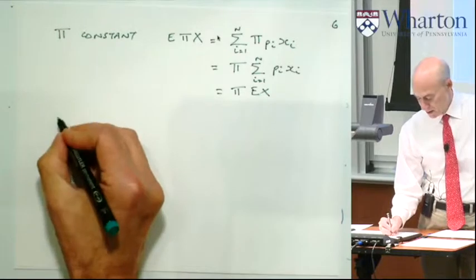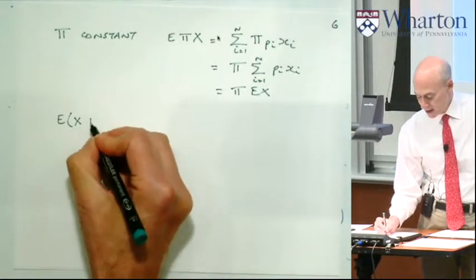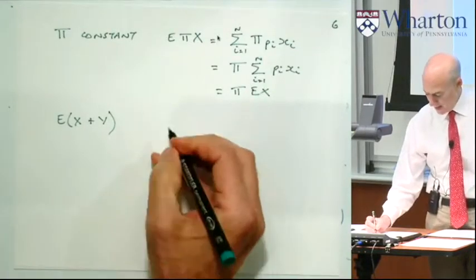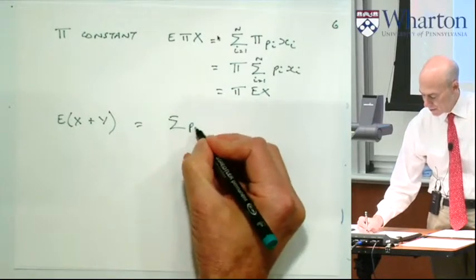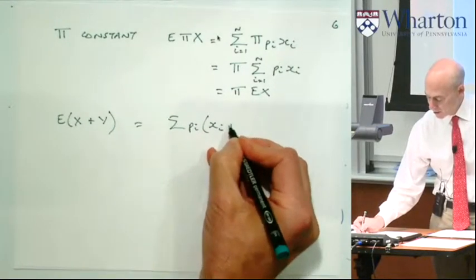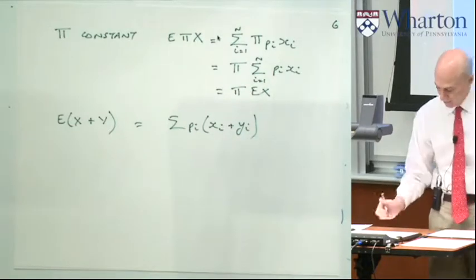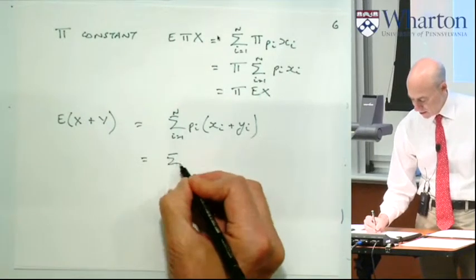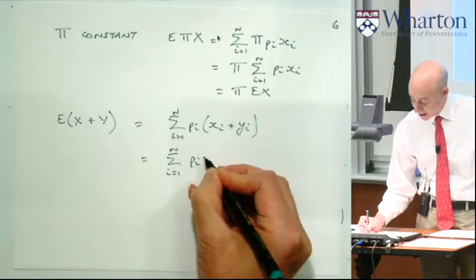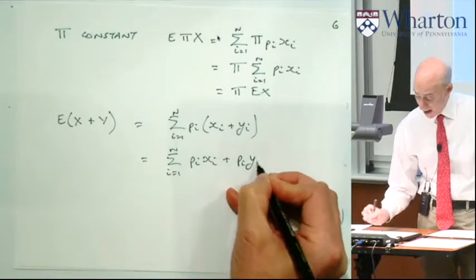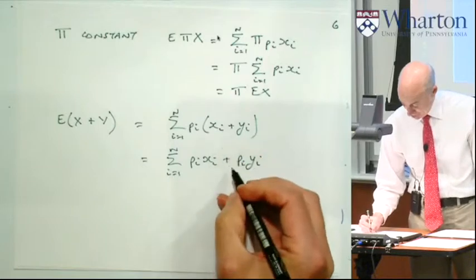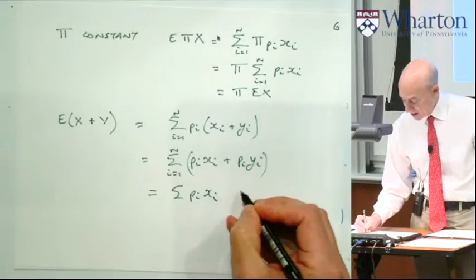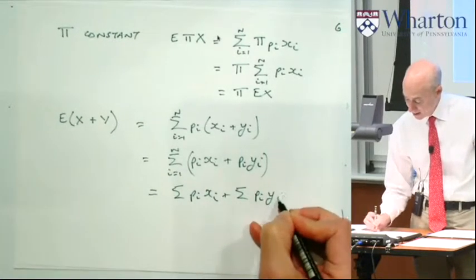Our second simple formula is if we take the expectation of the sum of random variables, x plus y, then that's just sigma pi (xi plus yi). And we can write that as sigma pi xi plus pi yi. And then, of course, that's sigma pi xi plus sigma pi yi.